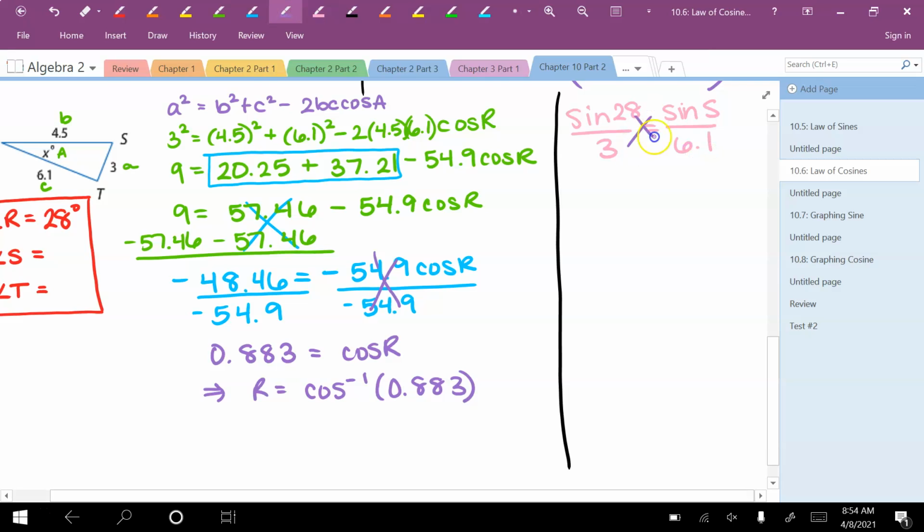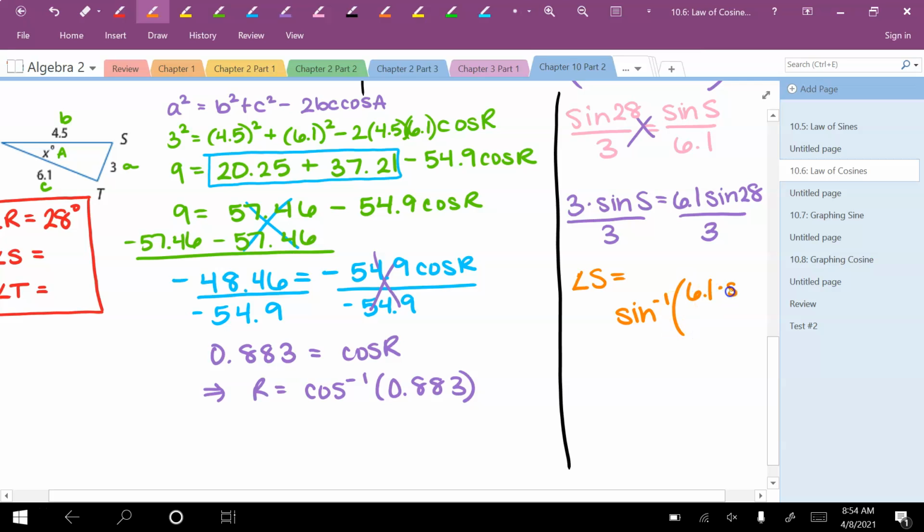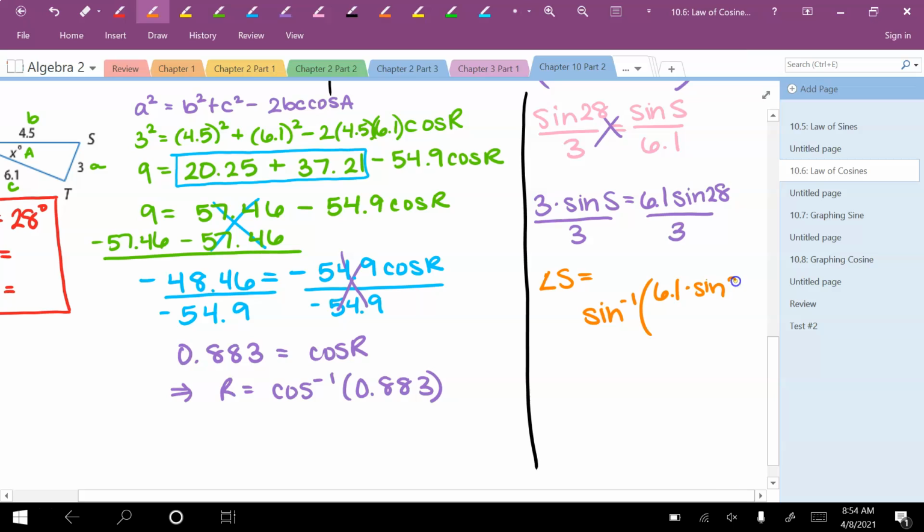We're going to cross multiply. Okay, so I cross multiplied. I'm going to have to divide both sides by 3. And then again, because I'm finding an angle, we're going to have to use the inverse sine. So we're going to do sine to the negative 1 of 6.1 times the sine of 28 divided by 3.